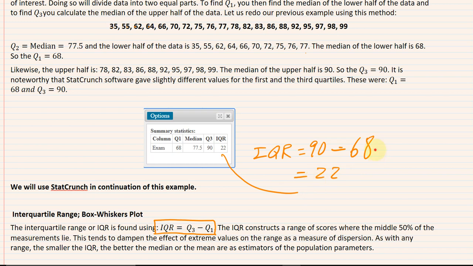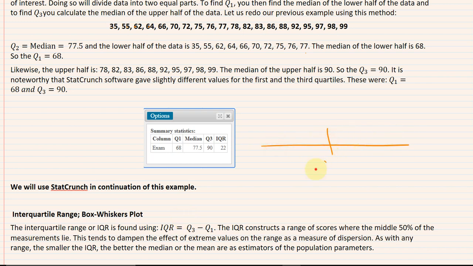Now, what does this interquartile range tell me? It is a range. It's kind of the idea of high minus low, except it's Q3 minus Q1. If I look at the drawing here, this is Q2, here's Q1, Q3.